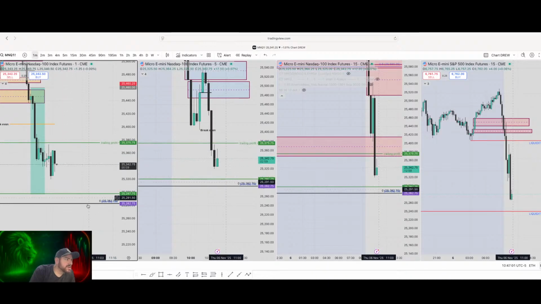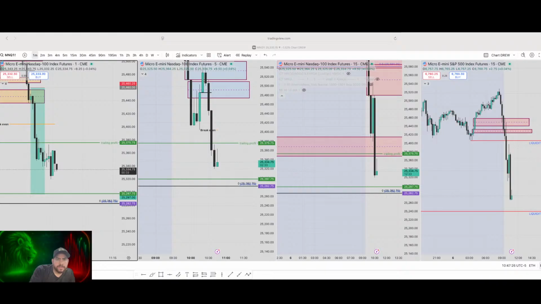So either way, we're in the money. Looking to see if this liquidity gets taken out.